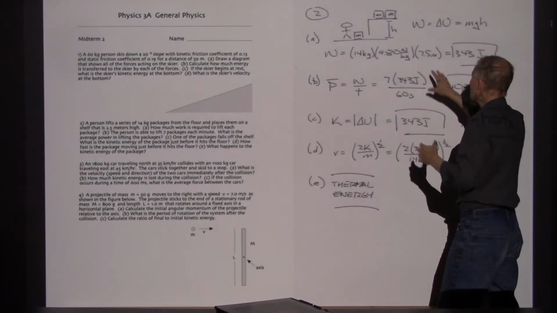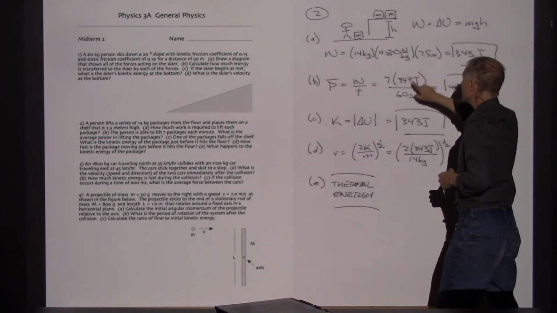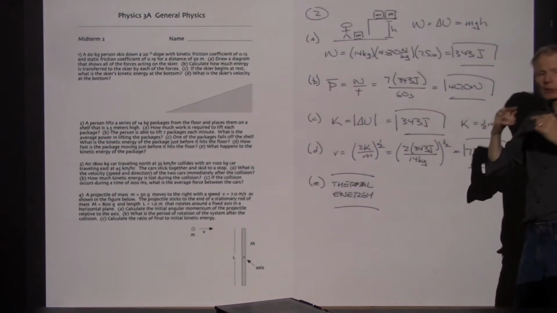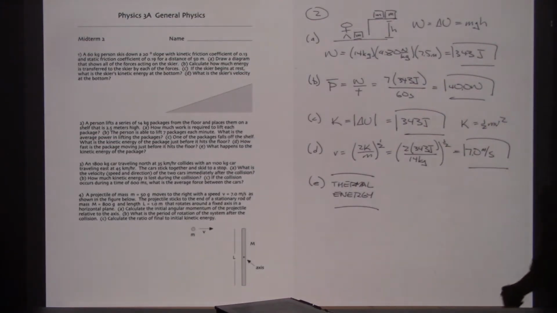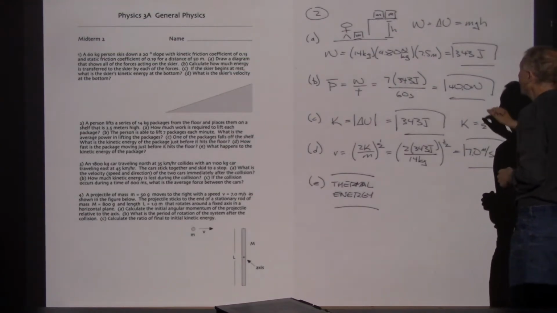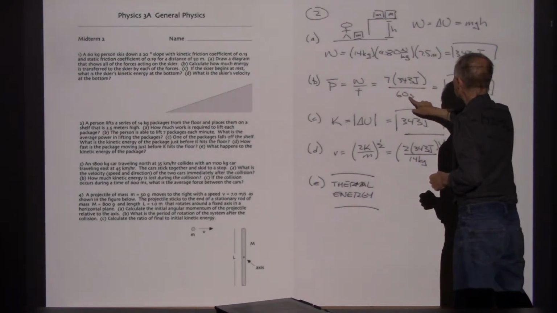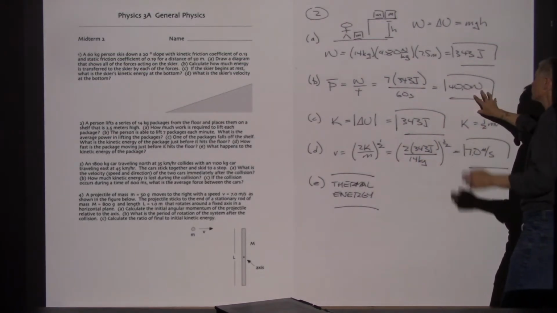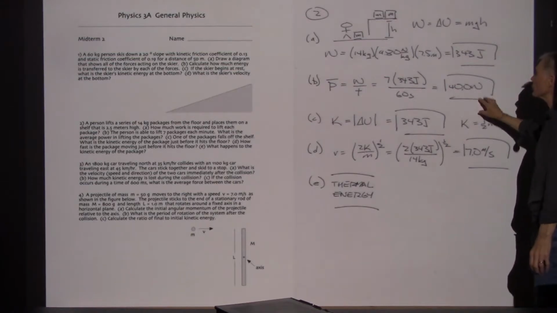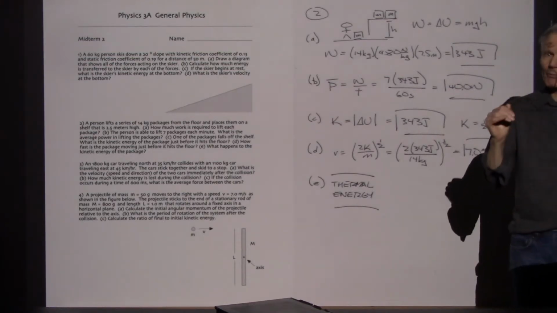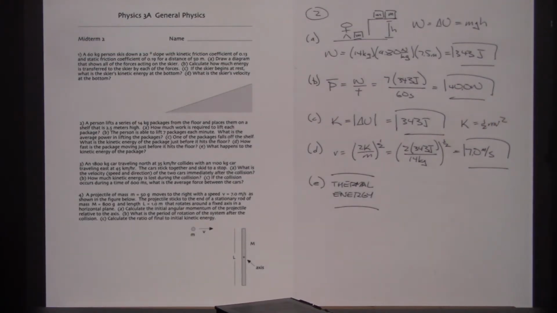The person's got to come up with this much energy. Now, power involves energy rate, so we divide by the time, and that becomes watts. 7 times 343 divided by 60 works out to be 40 watts. So this person is operating at an average power, an average energy rate, of 40 watts.